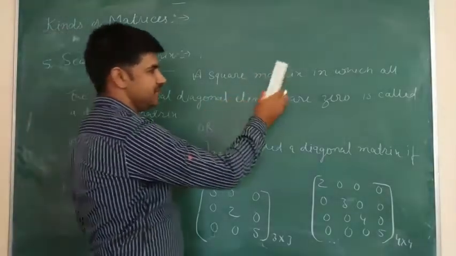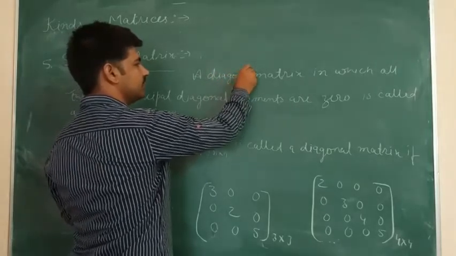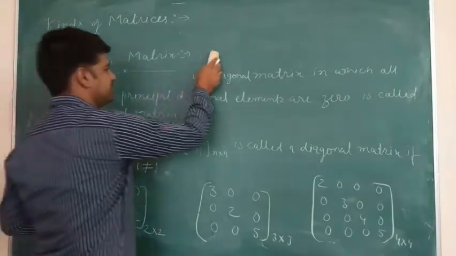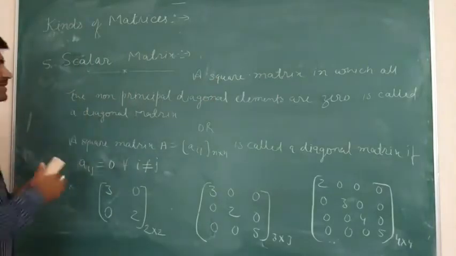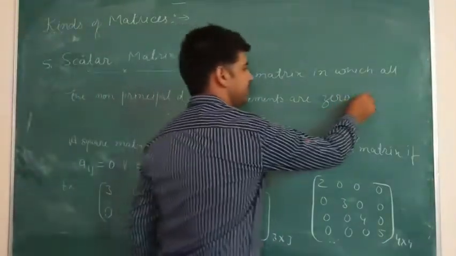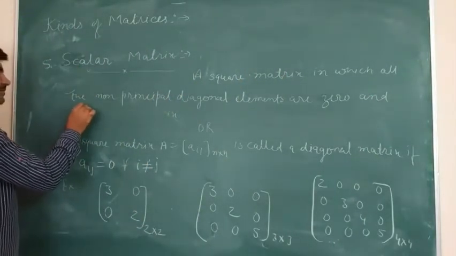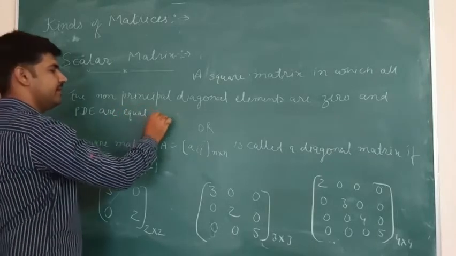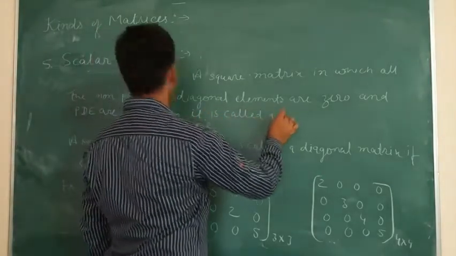A square matrix, or you can say a diagonal matrix, in which all the non-principal diagonal elements are 0 and principal diagonal elements are equal, then it is called a scalar matrix.